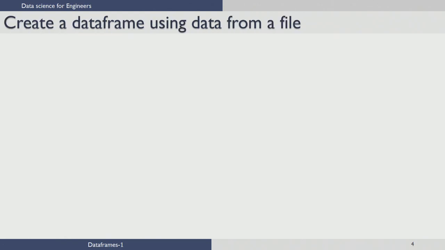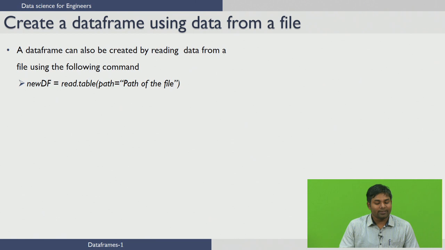Data frames can also be created by importing data from a text file. The way to do it is to use the function called read.table. The syntax is that you assign the data you are reading to a new data frame. You have to name the data frame you want to create, and then read.table takes as argument the path of the file.